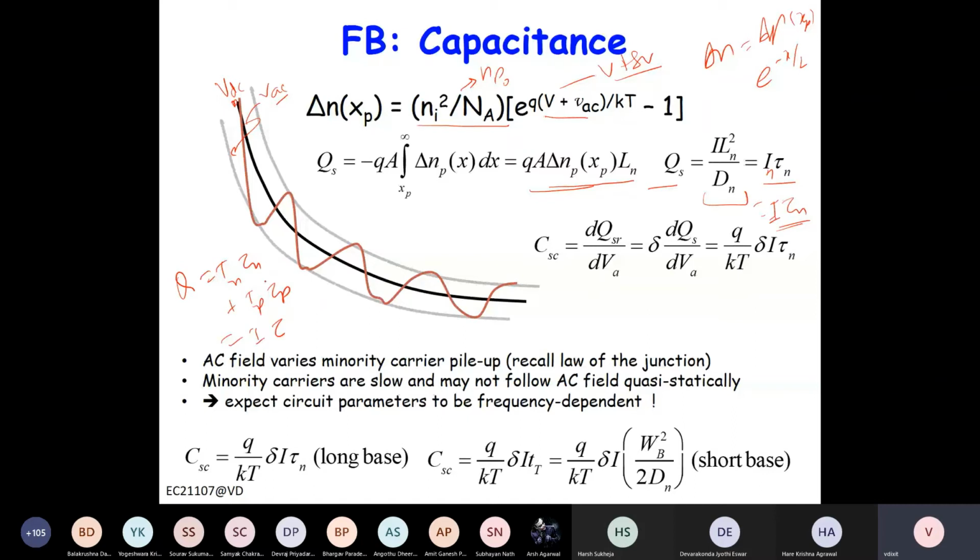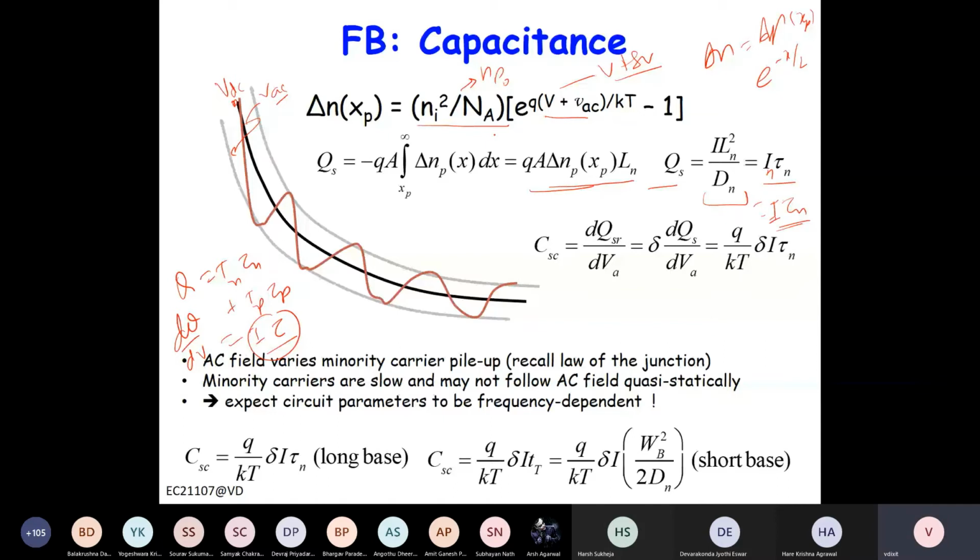And then if you take the capacitance, it will be dQ by dV, so it will be d by dV of I tau. Now, if you take the derivative with respect to V, that will give you the derivative with respect to total charge.